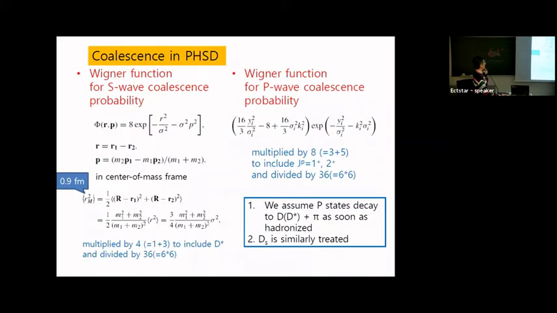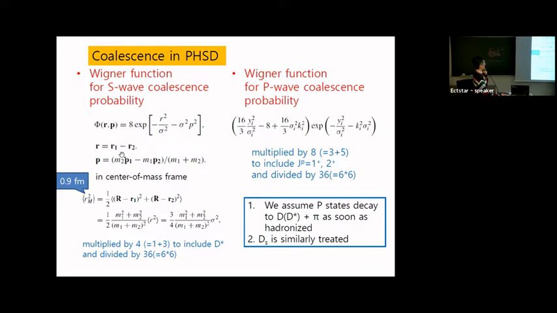And let me talk about our hadronization in heavy ion collisions. We use the coalescence model. The coalescence probability is proportional to a Wigner function. This is the Wigner function for S state, angular momentum equals 0.